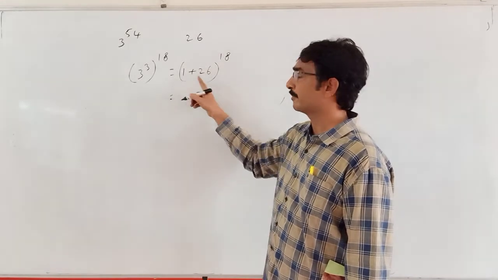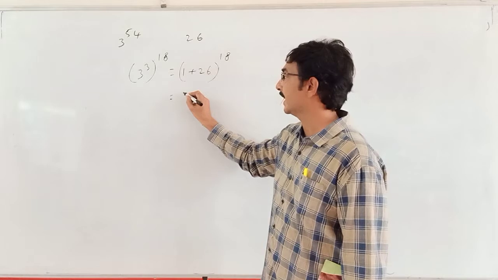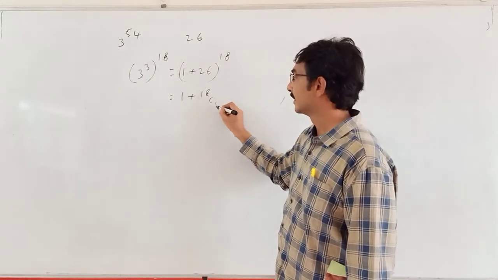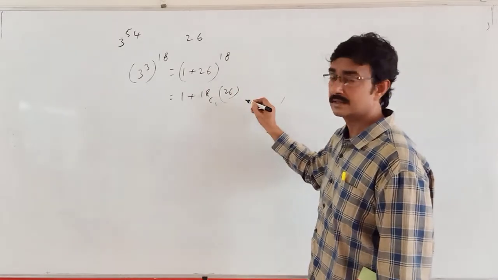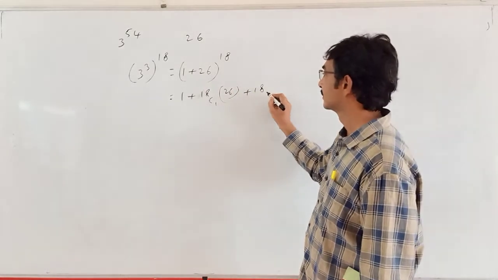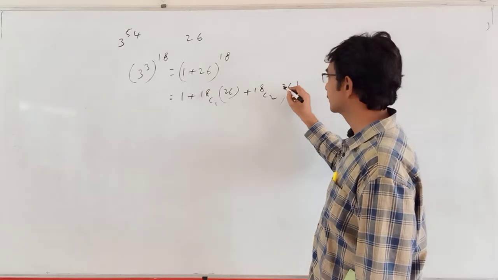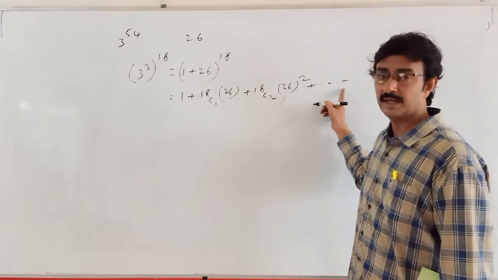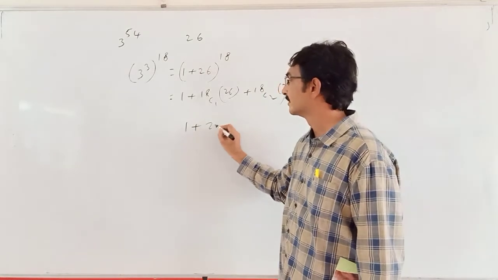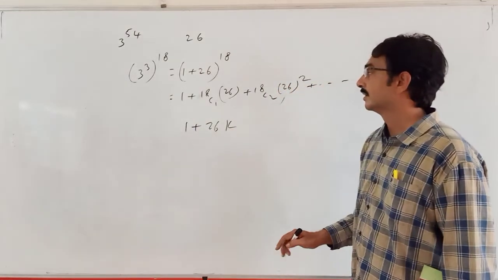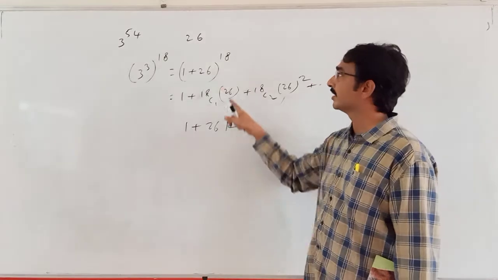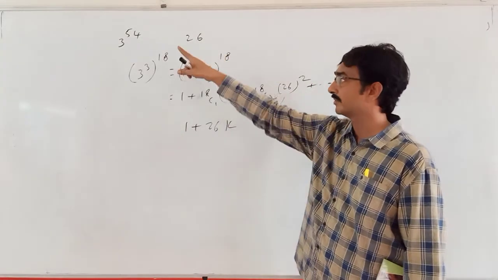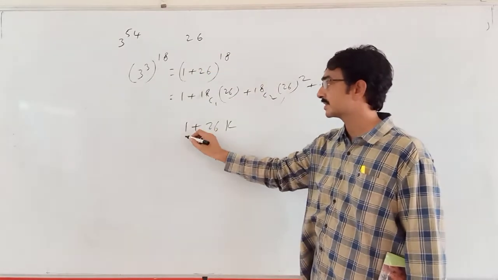From the formula, (1 plus x) whole power n expansion is 18C0 plus 18C1 into 26 plus 18C2 into 26 whole square and so on. From this we can take 26 out, getting some integer. Now the remainder of this one when divided by 26 is 1.